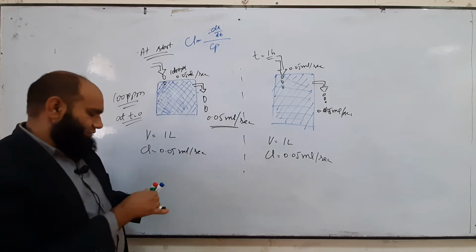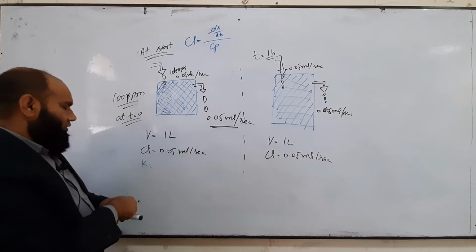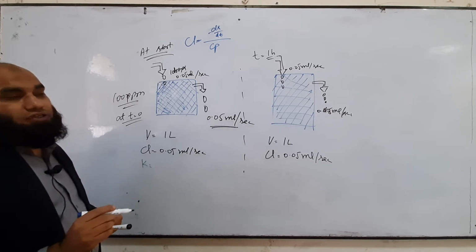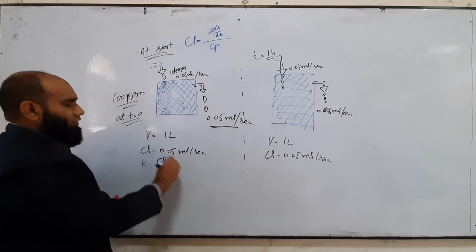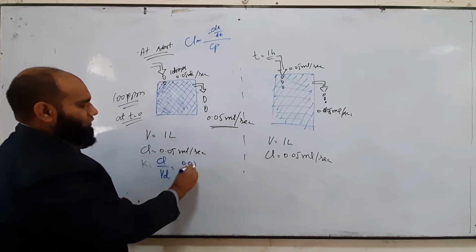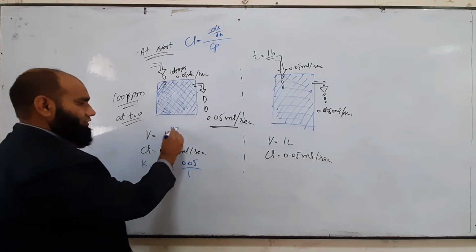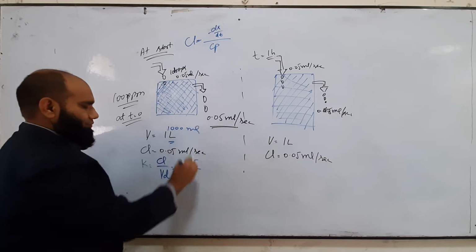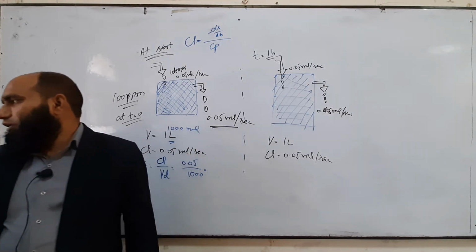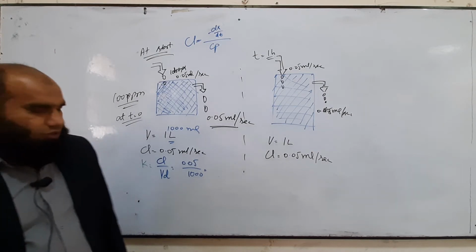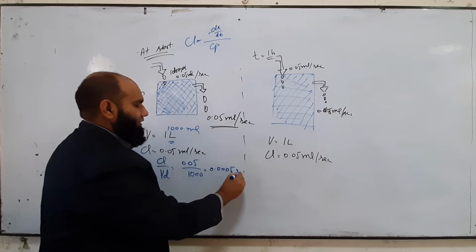And what about K, the rate constant? Clearance is equal to K times VD, so K is equal to clearance over VD. Clearance is 0.05 ml per second and VD is 1 liter, which is actually 1000 ml. So the K value is 0.00005 per second.